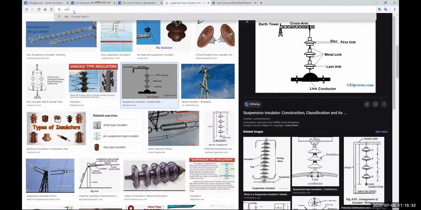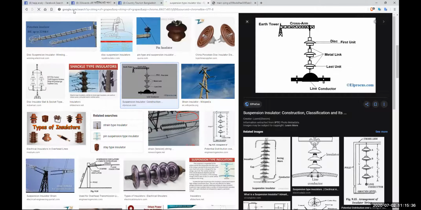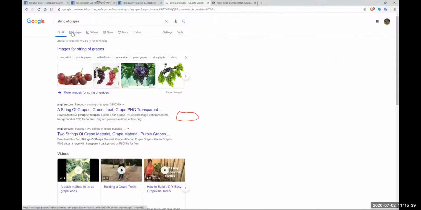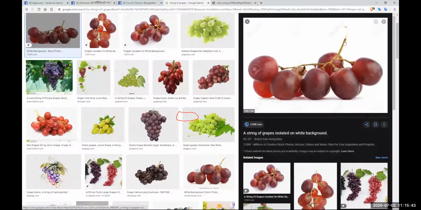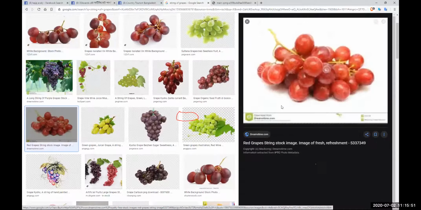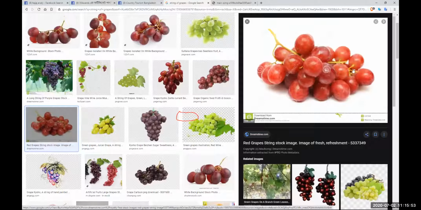The string of, yeah, this one. See, the branch. Can you see the branch? The whole branch is called a string of grapes. Understood? That means if you have one string of grapes, many grapes will be there connected.